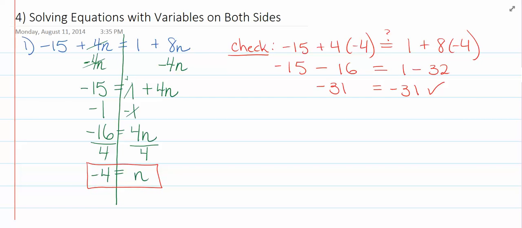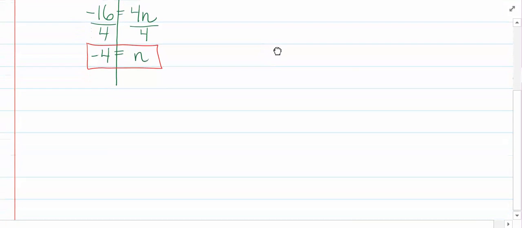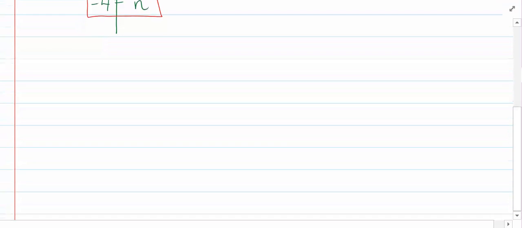All right, let's go through number 2 together. Maybe you want to pause it and try it on your own first and then check your work with mine if you get stuck. So let's see, number 2, we have 14 minus 8x equals negative 4x plus 3x.